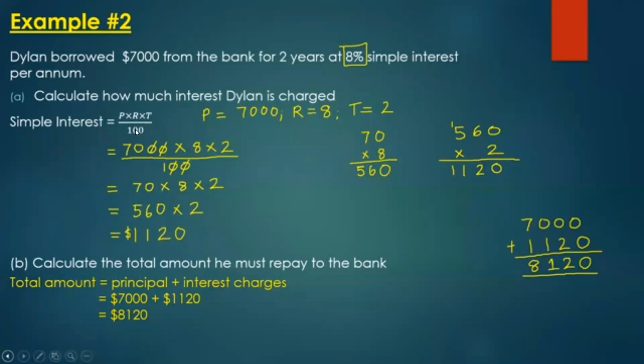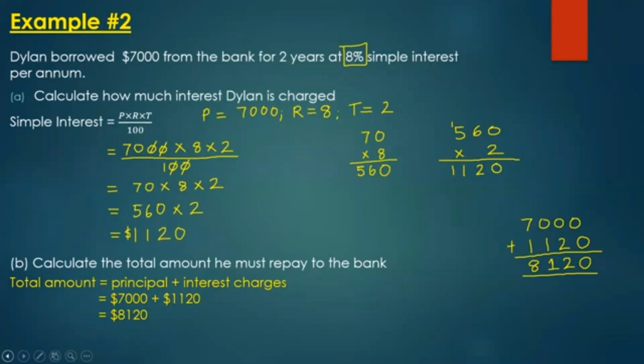So it would be 7,000 times 8 times 2 divided by 100. You could cancel out the zeros, so it'd be 70 times 8 times 2. Multiply the 70 and the 8 first, and you have 560 times 2, which is $1,120. That's how much interest he was charged.